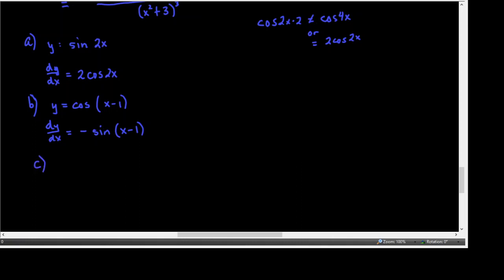And then y equals tangent of 3x. So this is the tangent of something. Okay, the derivative of tangent of something is secant squared of that something times the derivative of that something, and the derivative of 3x is 3.